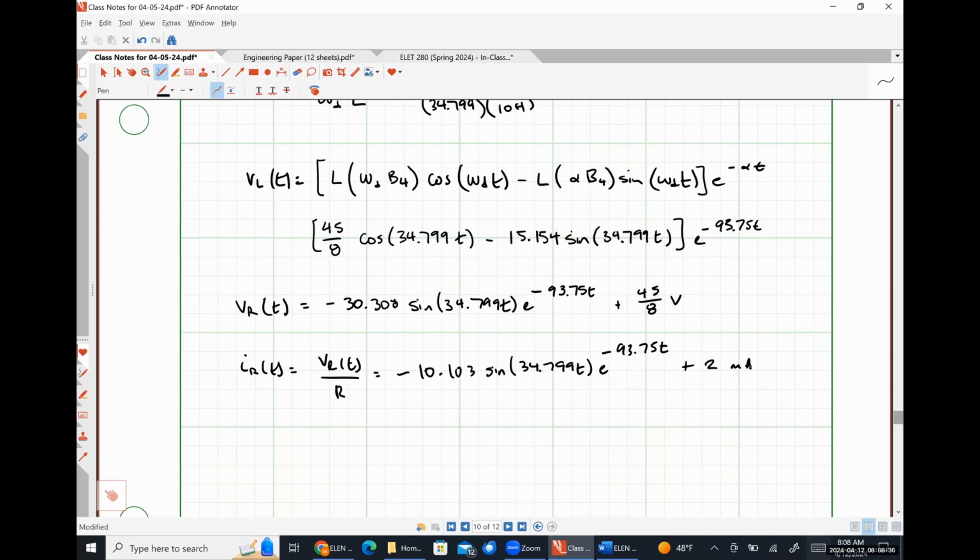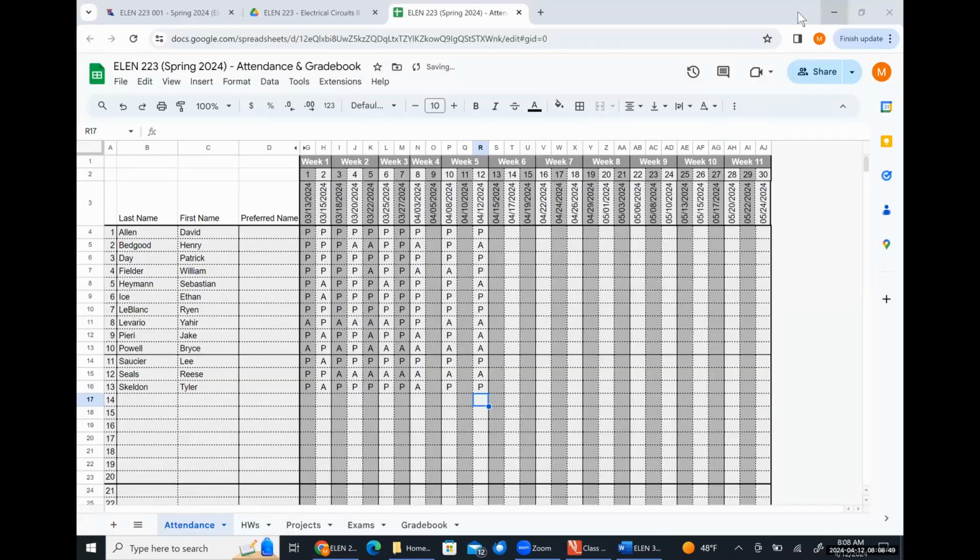So let's throw this into LTspice and just make sure things are behaving the way that we expect. Always a good idea, especially when these get as complicated as this one was.